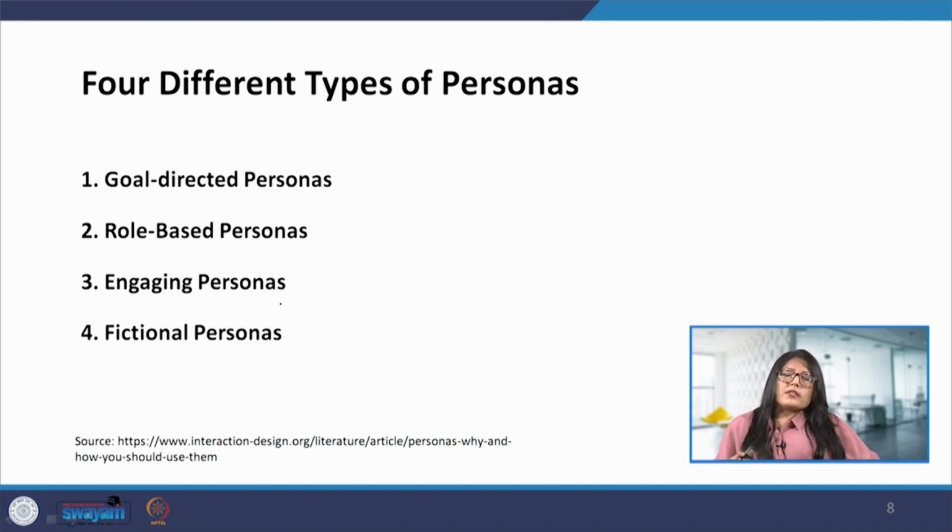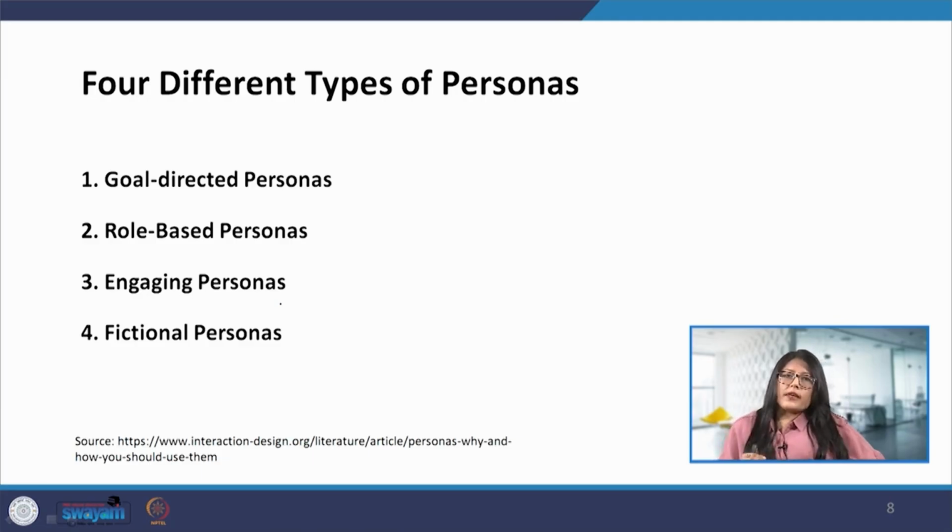So, the role based perspectives focuses on the user's role in the organization. In some cases, our designs need to reflect upon the part that the users play in their organizations or in their lives. So, an examination of the roles that a user plays in their real life, so that can help inform better product design decisions to the designer.